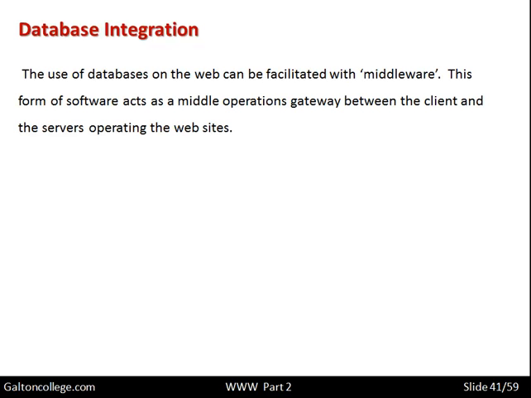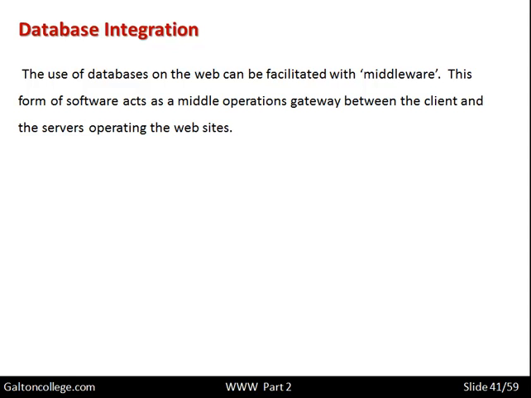Database integration is a big topic. The use of databases on the web can be facilitated by what's known as middleware. This form of software acts as a middle operations gateway between the client and the servers operating the websites.